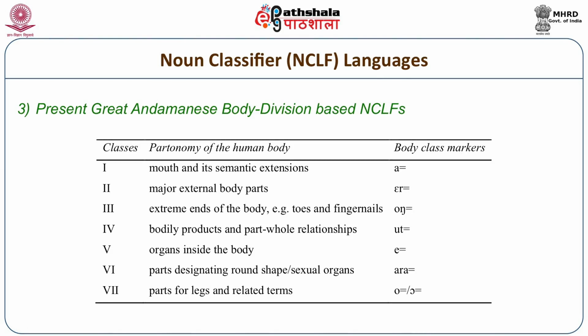Any word which is associated with mouth and its semantic extensions receives a particular morpheme. Something which is associated with major external body parts receives another. Things which denote the extreme ends of the body receive another. Bodily products and part-whole relationships receive yet another morpheme. Organs inside the body receive yet another. And the last 2 classes are parts designating round shape or sexual organs, and parts for legs and related terms.